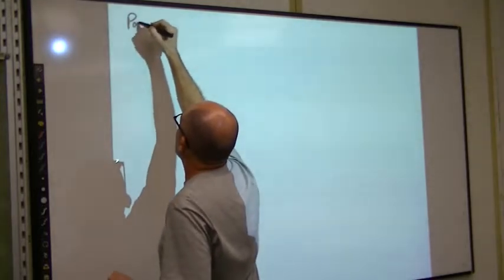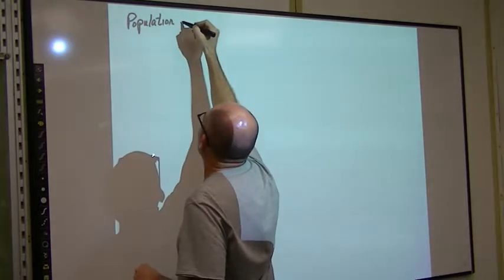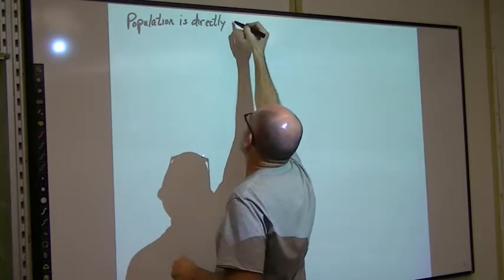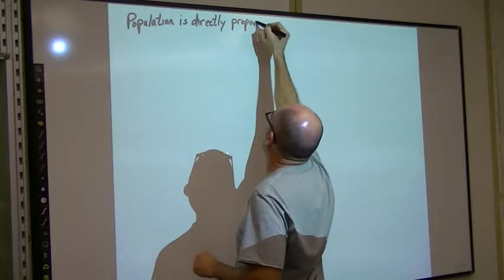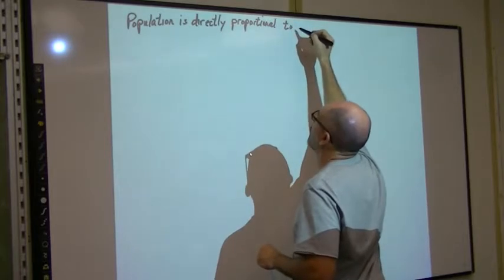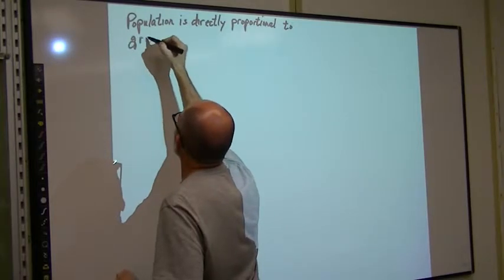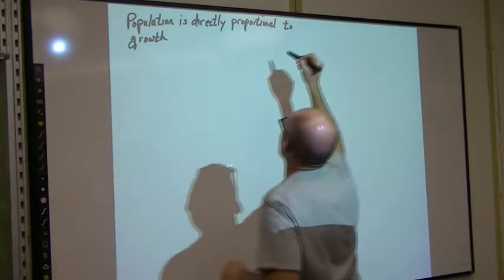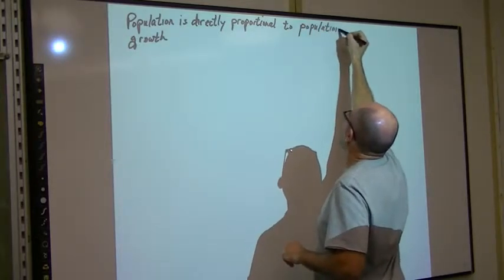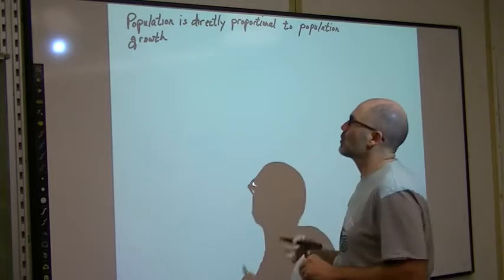So if we know that population growth is directly proportional to population. Now you could say that the other way too, but population growth is directly proportional to population.